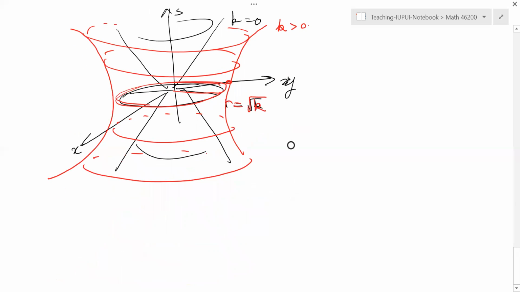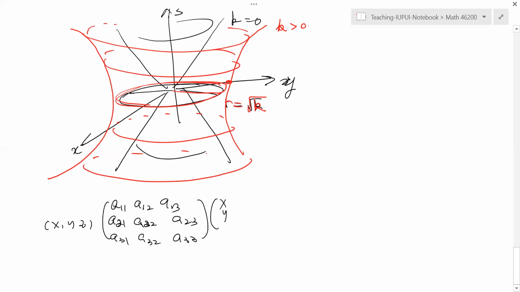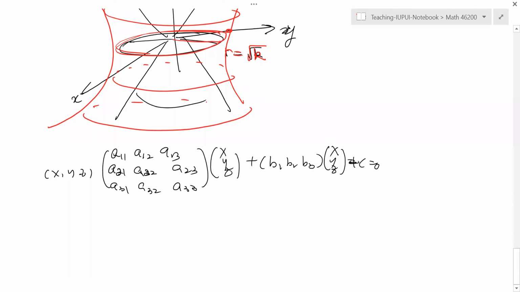All right, now from linear algebra, okay? From linear algebra, let's go back to this equation, okay? You have A11, A12, A13, A21, A22, A23, A31, A32, A33. This is the most general one. But you can use a substitution. Okay?